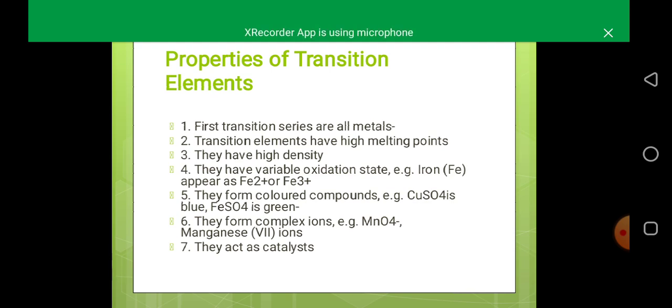But sulfates or compounds of transition metals are colored. They also form complexes, e.g. manganese 4 oxide.